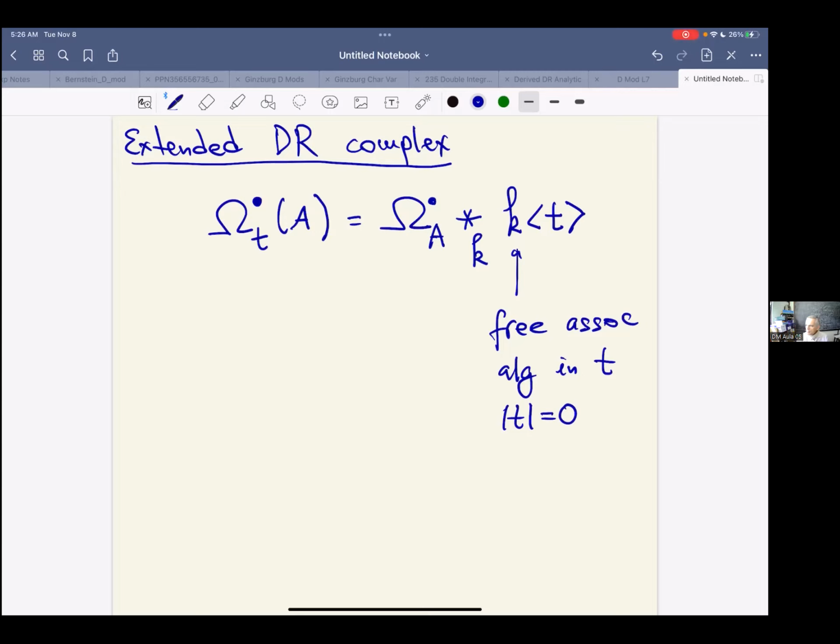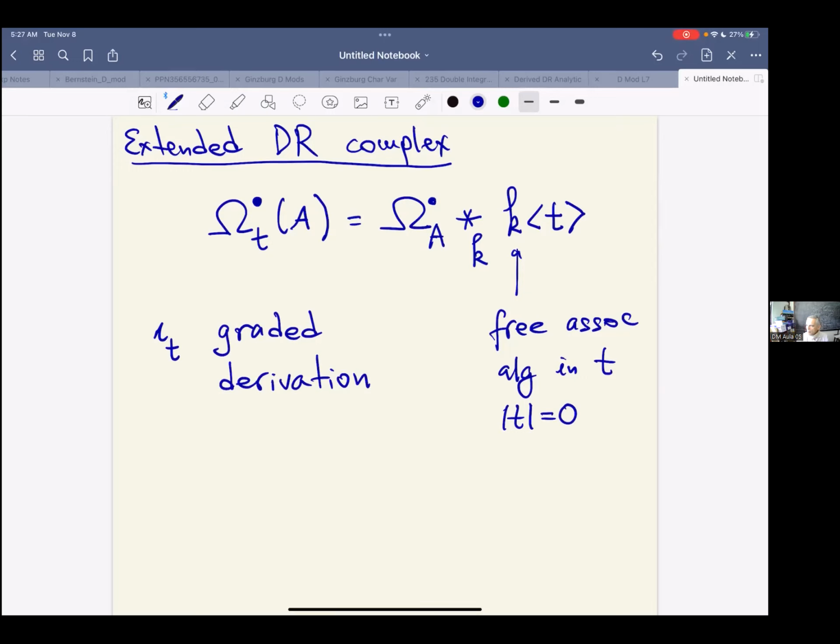The product is the free amalgamated product, and the differential is a graded derivation.